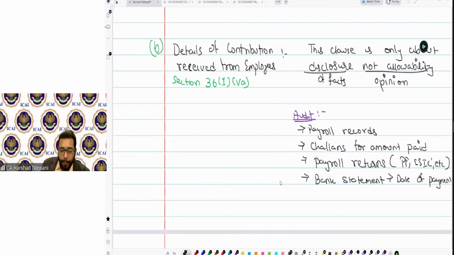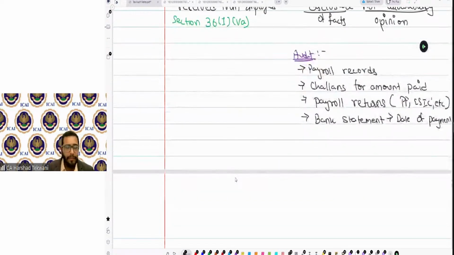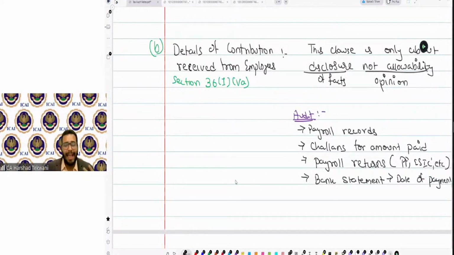You can verify the employee ledger to understand what amount was recovered and what amount has been paid. And if for a company you have 10,000, 12,000 employees, it is very difficult to verify all the things.